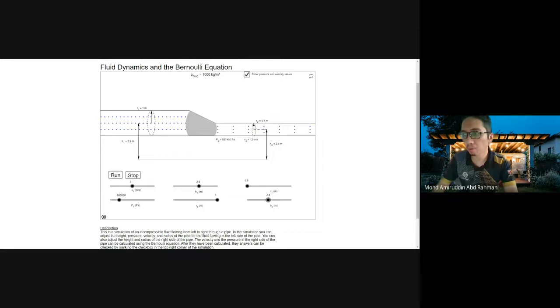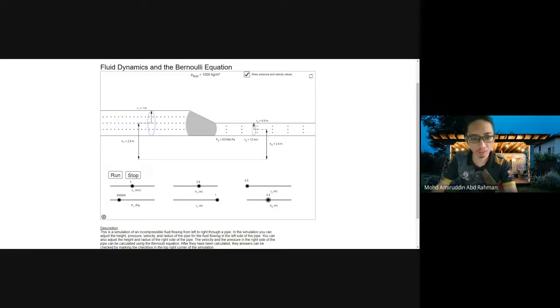Okay, for number 5, you need to next adjust the radius of the pipe. You reset first.